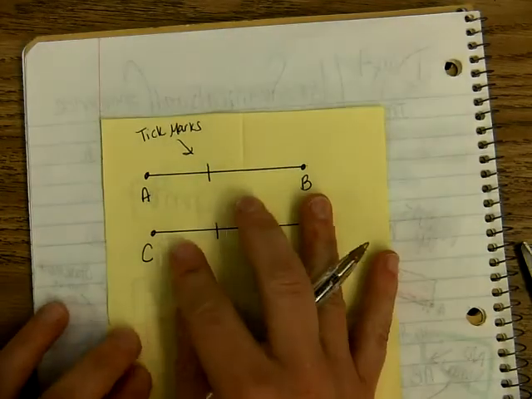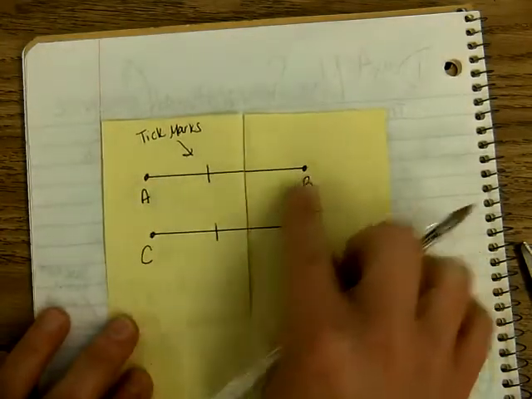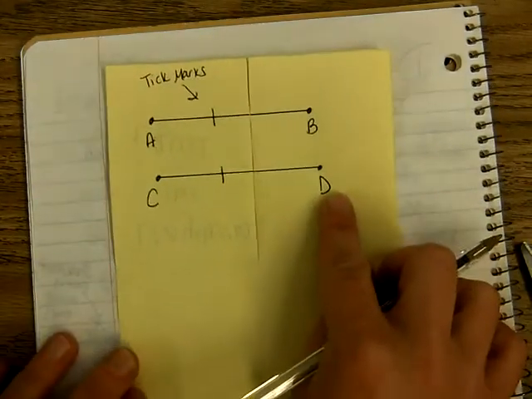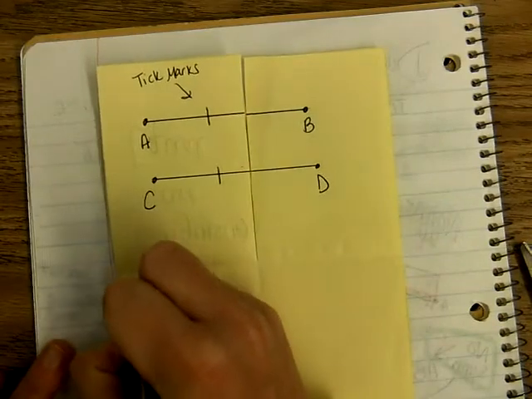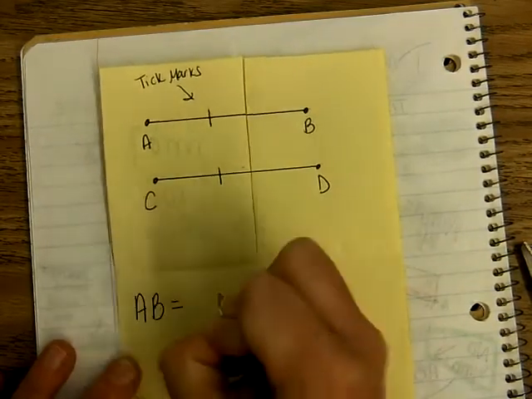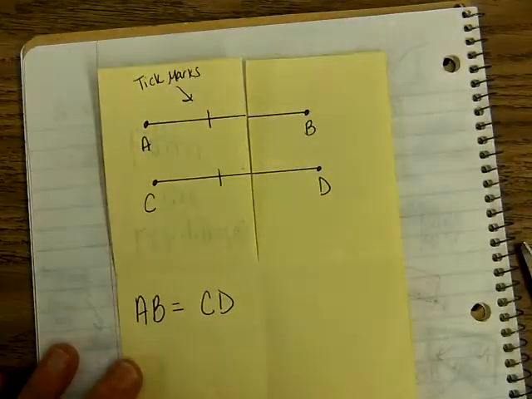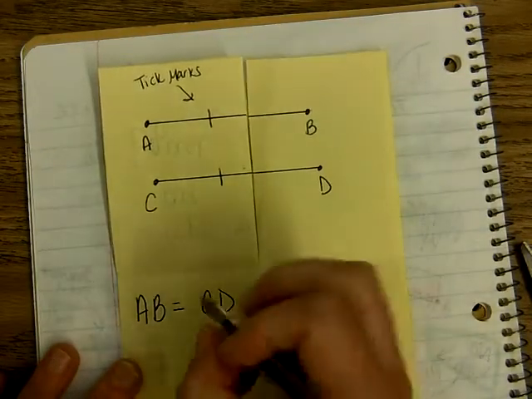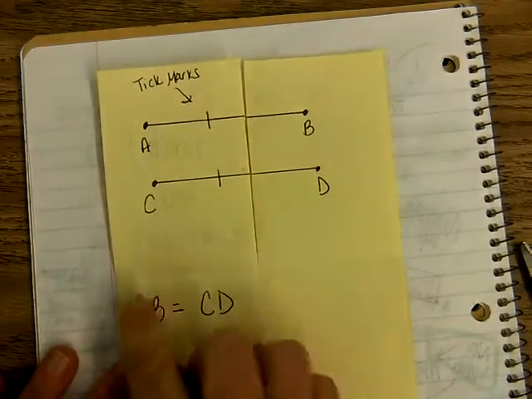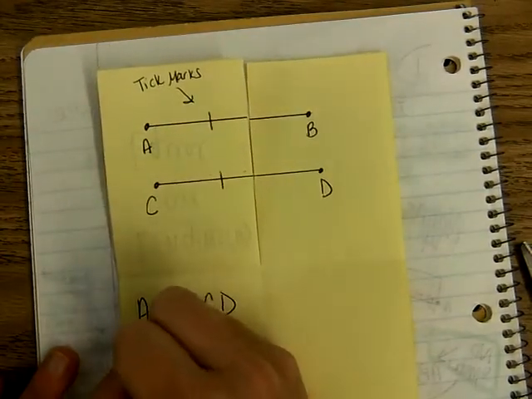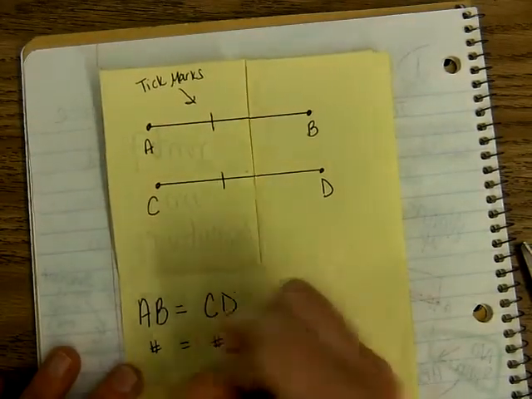In this case, I made sure that length AB and length CD had the same length. So I can say that length AB is equal to length CD because when I measured it out, they both had the same length. We have no symbol above, so this means a number is equal to a number.